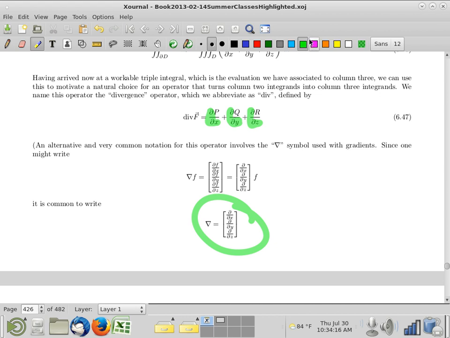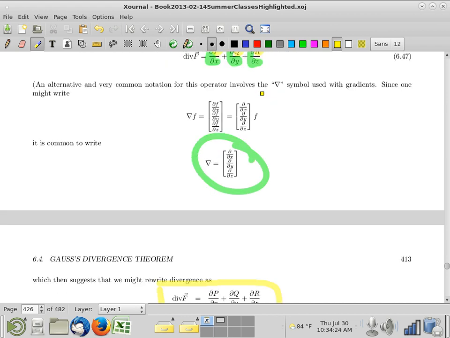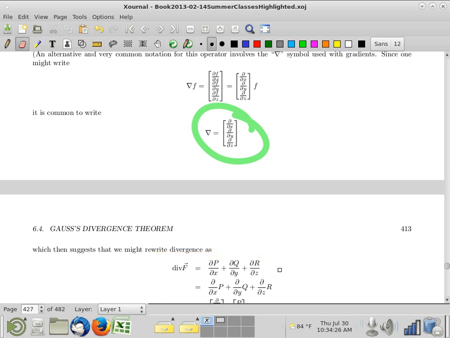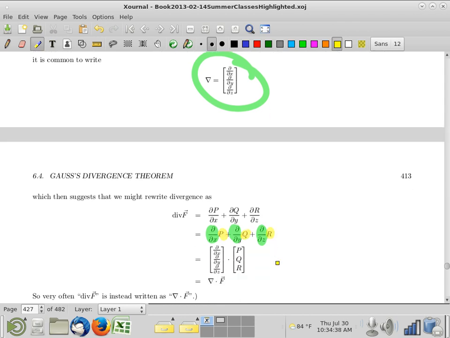In fact, it's the X partial, Y partial, Z partial of P, Q, and R. So I can kind of view that as a dot product. A little bit weird. X partial, Y partial, Z partial of P, Q, R.